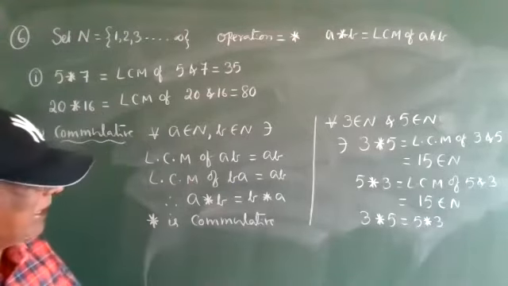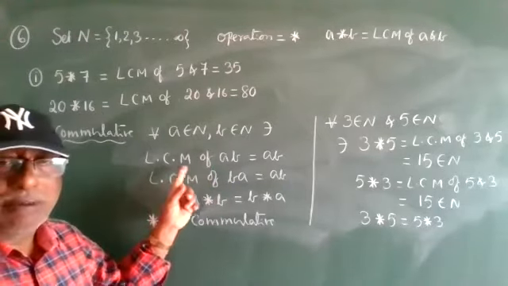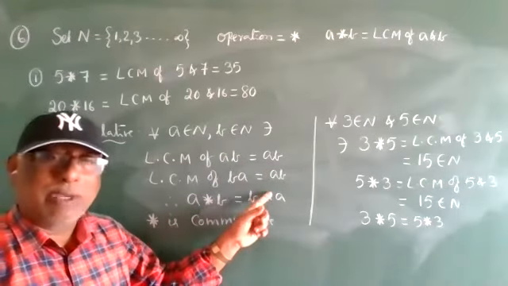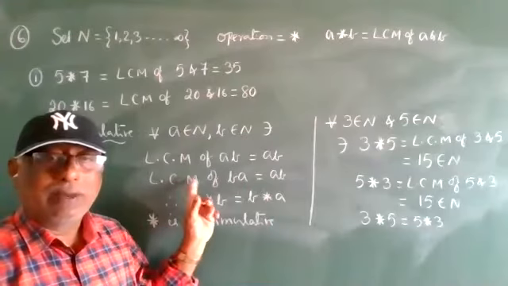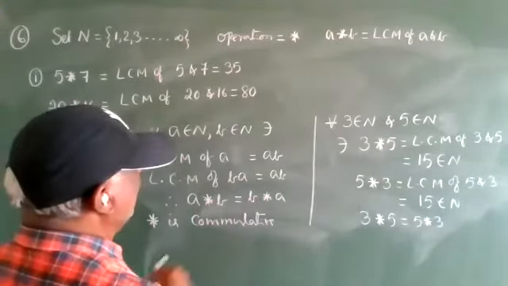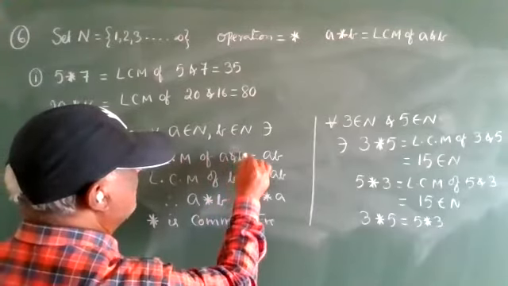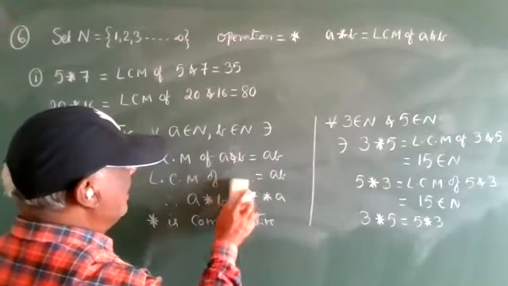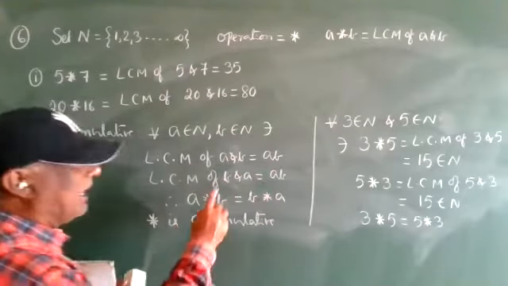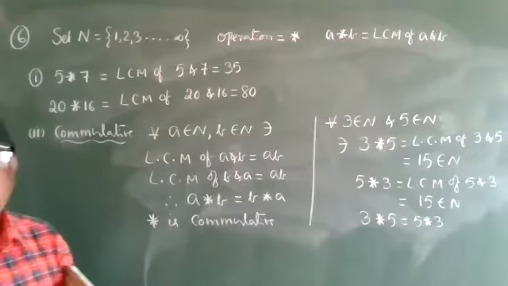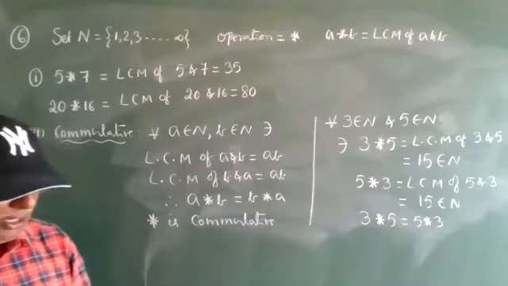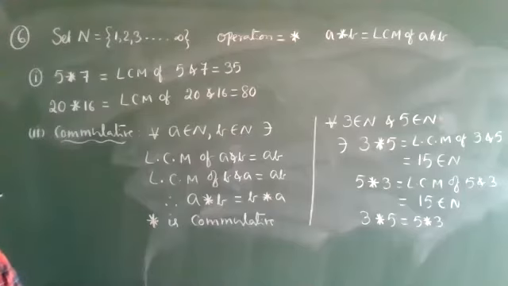The statement is: LCM of A and B is AB, and LCM of B and A is also AB. Therefore, A star B is equal to B star A, it is commutative. Right. Sixth problem, second bit is completed.